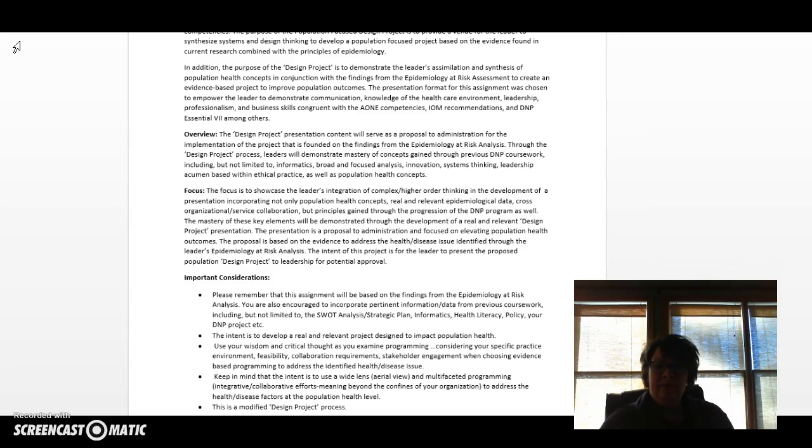You're going to be integrating many of the concepts that we've covered before as you look at your design project, because you're going to be taking into account systems thinking.